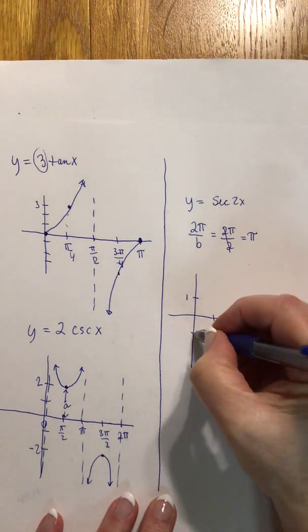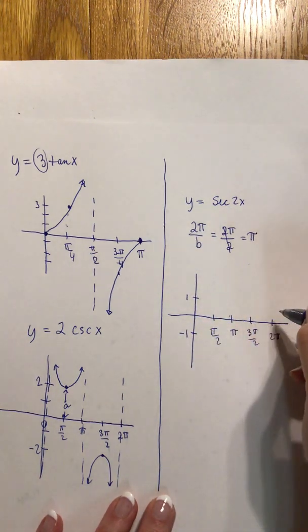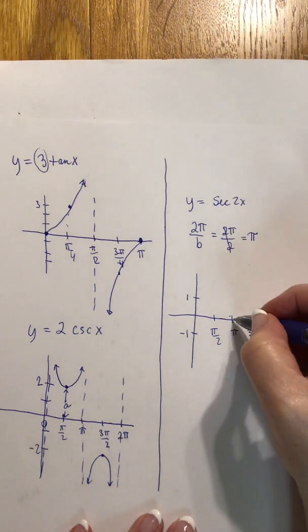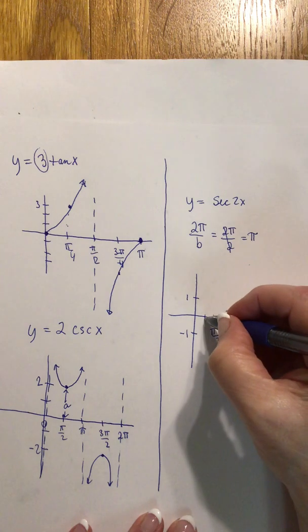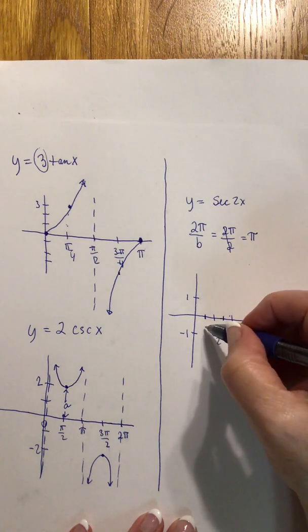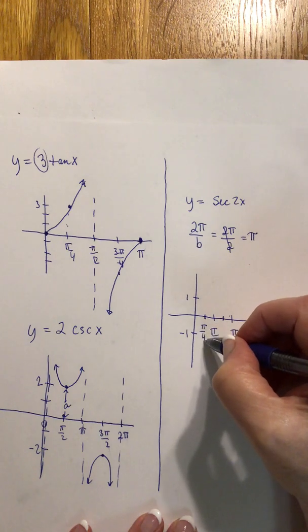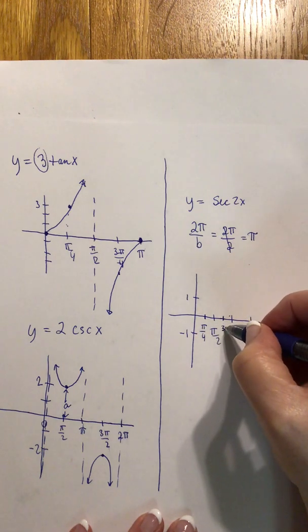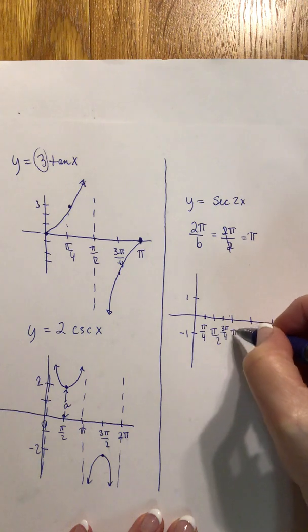But now, instead of going for the whole thing creating itself in 2 pi, now it's creating itself in 1 pi. So what we're going to do with this then is we're going to break this up into 2 pieces each. So what did we say? Half of pi over 2 would be pi over 4, pi over 2, 3 pi over 4, and pi.